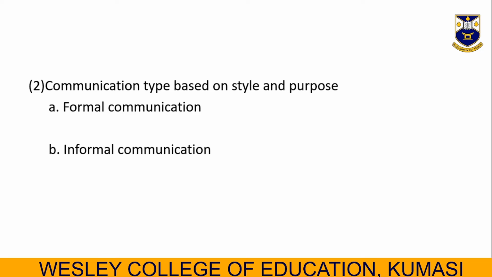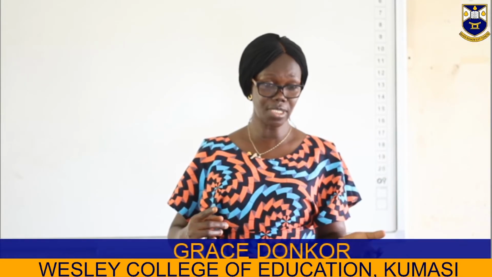When we talk of formal communication, we mean that we are communicating, whether written or oral, to somebody who is superior, somebody who is not our co-equal. The person is not our mate if we are students.